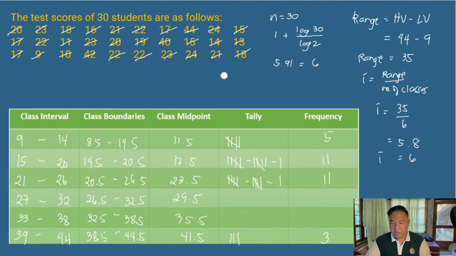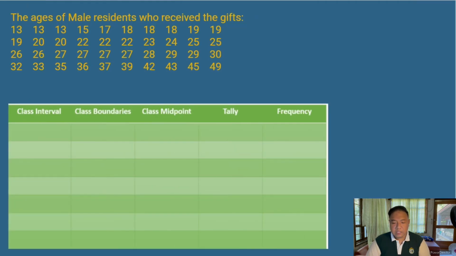Okay, very good. So the next one: these are the ages of male residents who received the gifts. Okay? So as we said, we need to find the number of classes. So the number of classes will be 1 plus logarithm of the number of values.